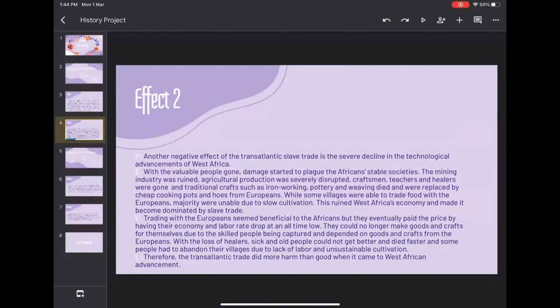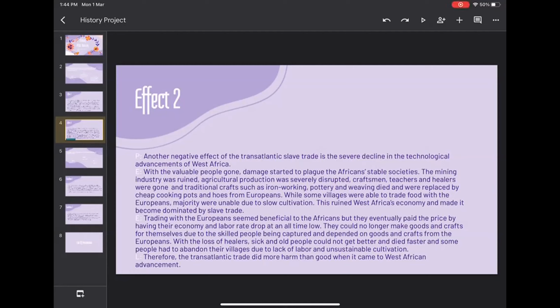While some villages were able to trade food with the Europeans, the majority were unable due to slow cultivation. This ruined West Africa's economy and made it become dominated by the slave trade. Trading with the Europeans seemed beneficial to the Africans, but they eventually paid the price by having their economy and labor rate drop at an all-time low.